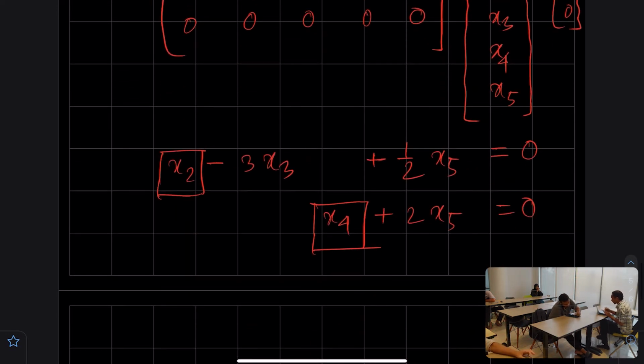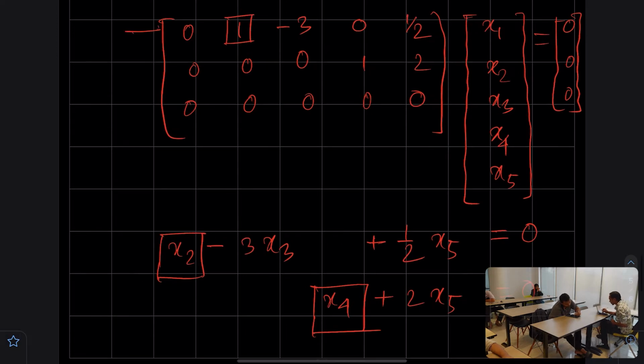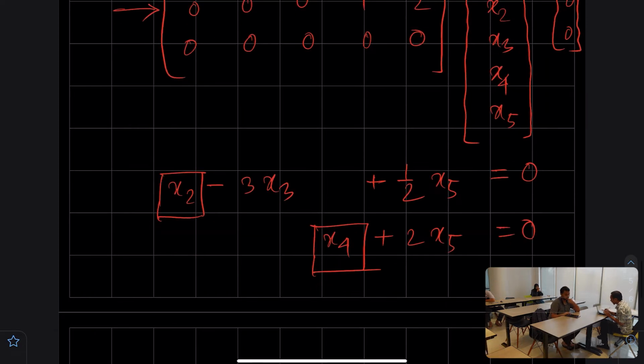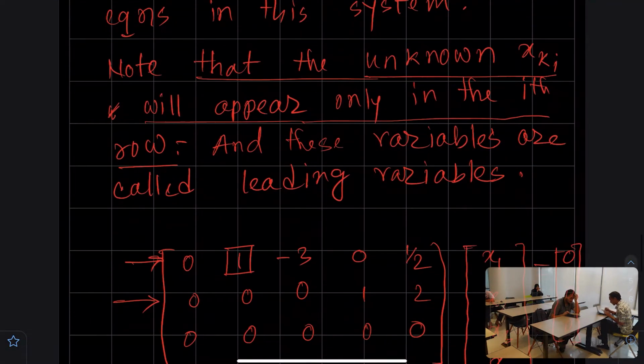So in row 1 there is a leading one, right? And in row 2 there is another leading one. So the unknown x2 appears in row 1 and unknown x4 appears in row 2. But what is ki here?